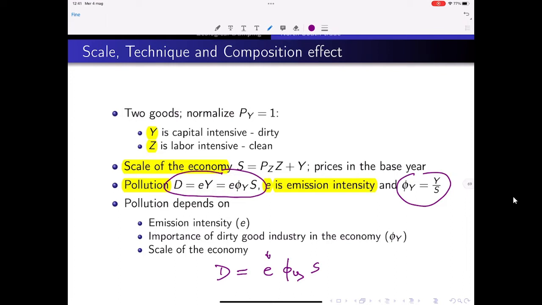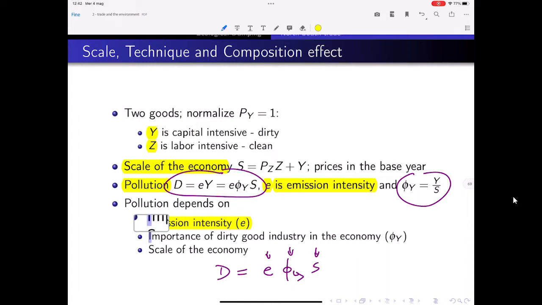So E is emission intensity, then composition, and scale. That's why I have now decomposed pollution into 3 factors. Emission intensity, which is E, depends on the technique employed.